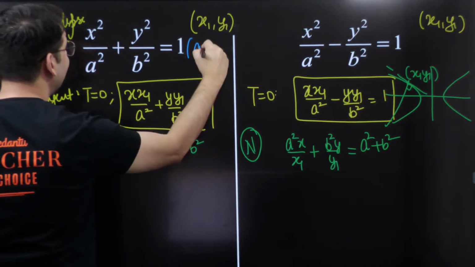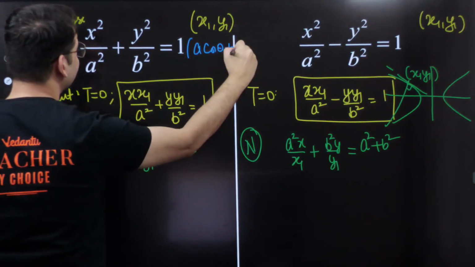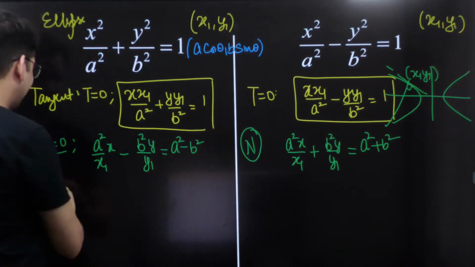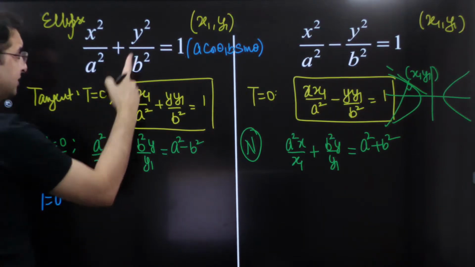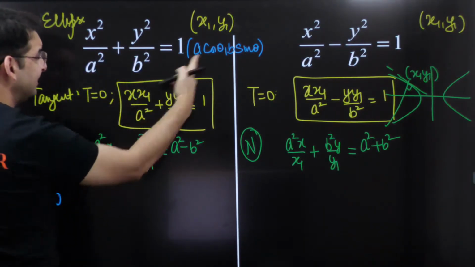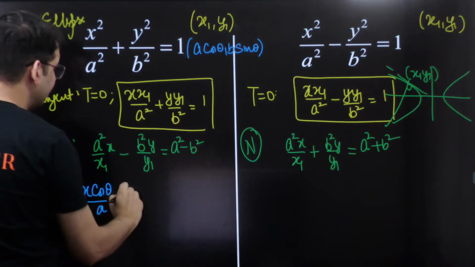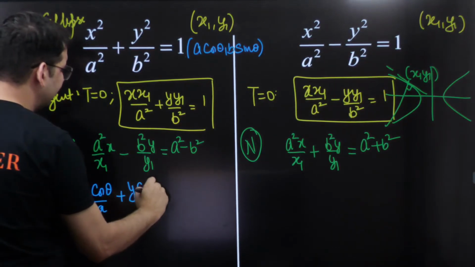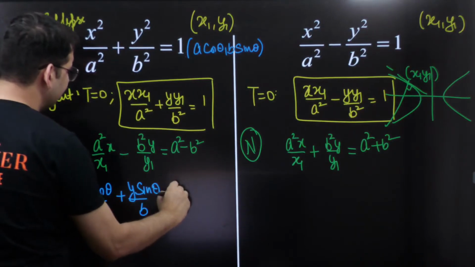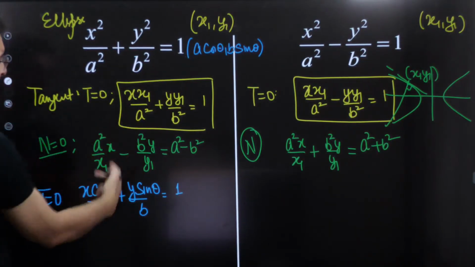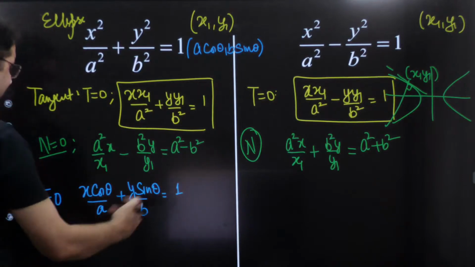Now the third point is, if we talk about the parametric point, let's say the parametric point is a cos theta, b sin theta. So the equation of the tangent again is T equal to 0. That means x1 is a cos theta, so it will be x cos theta by a plus y sin theta by b is equal to 1. Same thing. Just replace x1 by a cos theta, y1 by b sin theta.